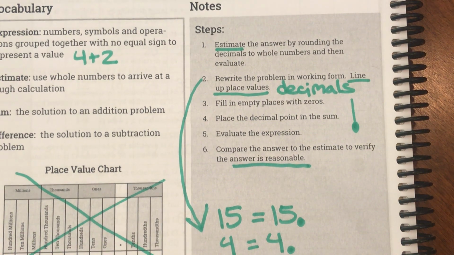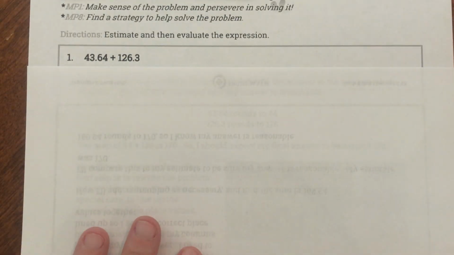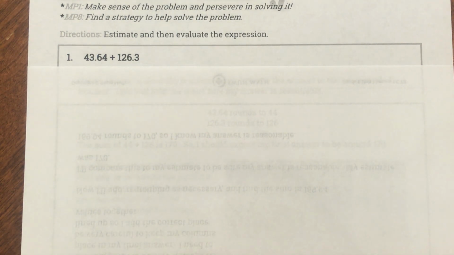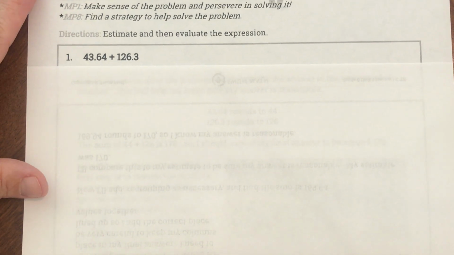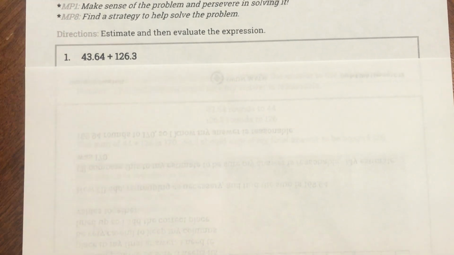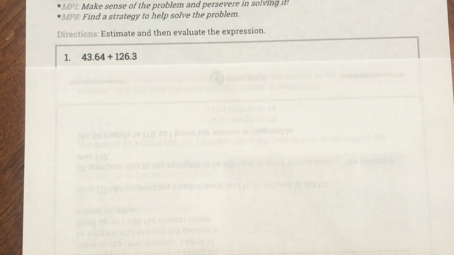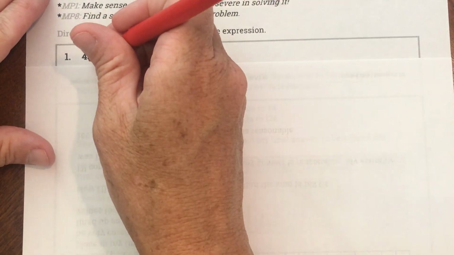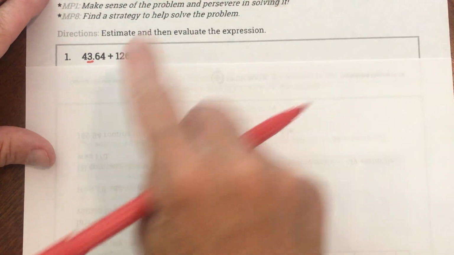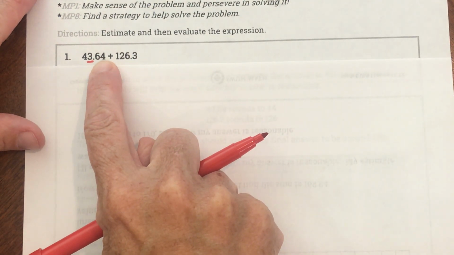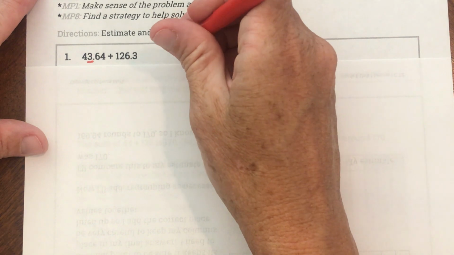Okay, I put down my green pen, which means you can set down your pencil and you can stop and watch for a moment. Here is my first problem, and it says 43 and 64 hundredths plus 126 and 3 tenths. So if I look at my steps, my first one says to estimate. If I want to round to the whole number, 6 tenths is going to make this round to 44.